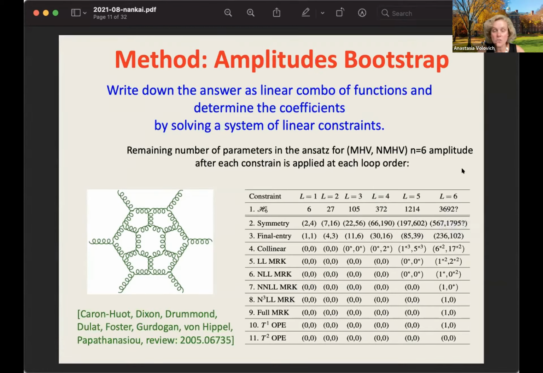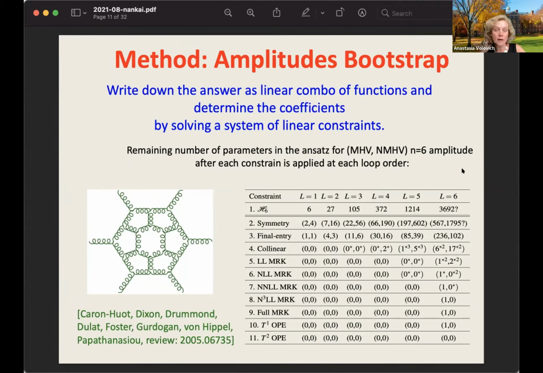Okay, some symmetries. There are some final entry has to be this and not that. In a particular limit, such as a collinear limit, it should reduce to something; in a Regge limit, it reduces to something. There's a set of physical constraints. I don't want to go into great detail, it's systematically very well understood by these people.